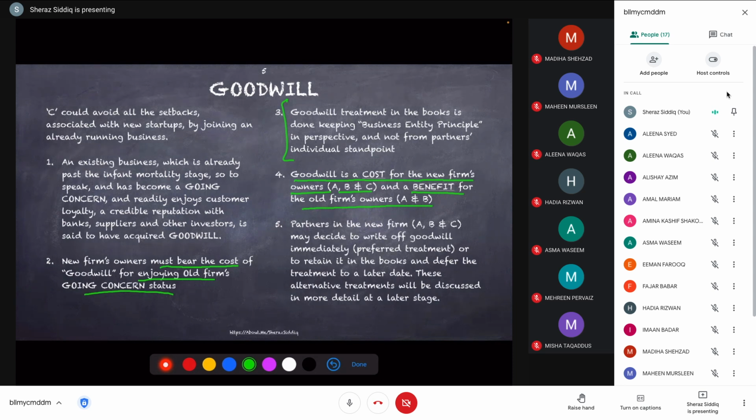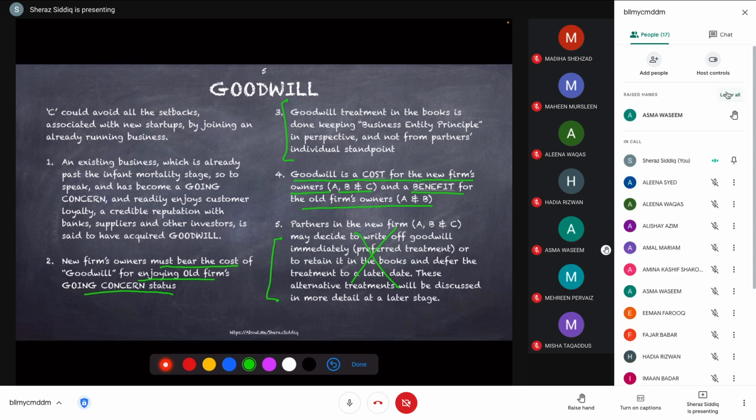So for now, just ignore point number 5. We will discuss it after we have done a few practice questions on goodwill treatment. So points number 1, 2, 3, and 4. If you understood everything, then please raise your hand. Then I will move on to the problem solving part.